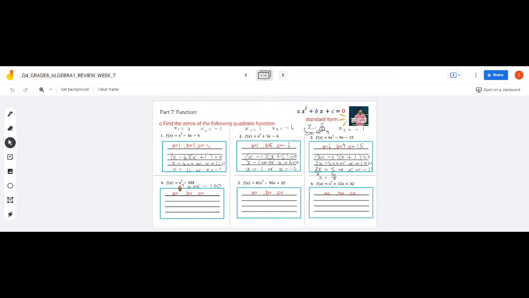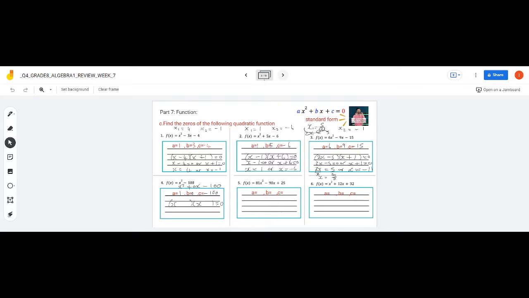So a is 1, b is 0, c is -100. So we open up our brackets. So we have x. Now for our a we have 1, our b is 0, and our c is -100.